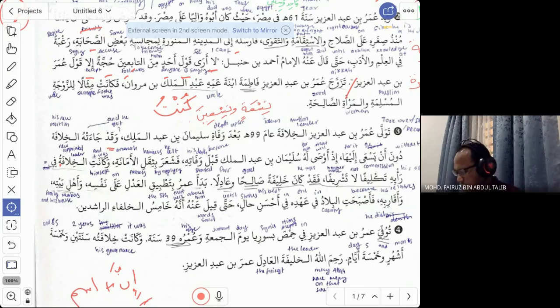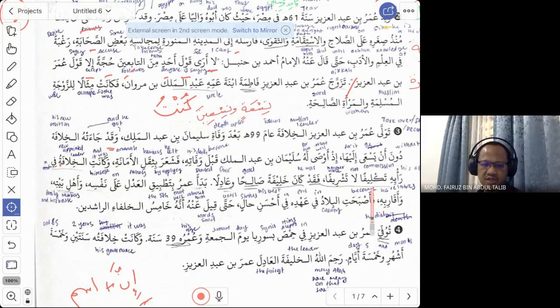All right. So the meaning here is wakanatil khilafa. Kanat, of course, means was, but you don't say it was because the word there is a word after the word kanat. Al khilafa was. So the position of becoming a Khalifa, it was, in his opinion, a taklif.